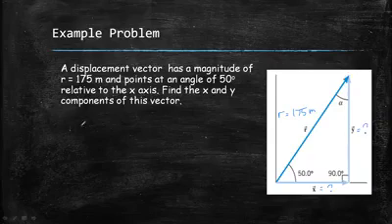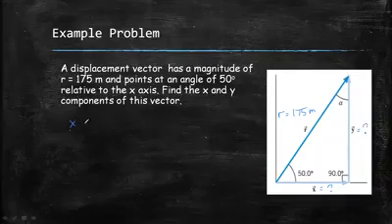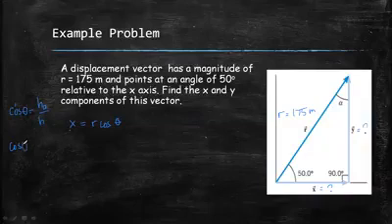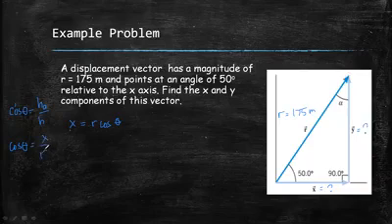To solve for the x component, x is equal to r cosine theta, wherein cosine theta, as we have discussed earlier, is equal to the adjacent side over the hypotenuse. Therefore, in this problem, cosine theta is equal to x over r.